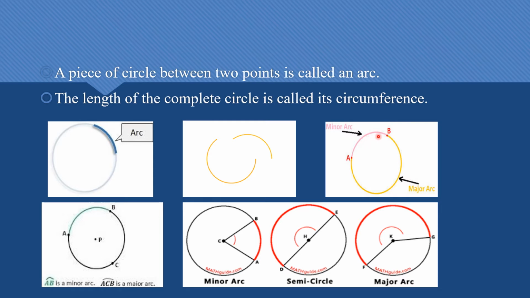The minor arc is usually named with 2 letters, and we call it minor arc AB. The big one we call the major arc, and it is usually represented using 3 letters, arc ACB.